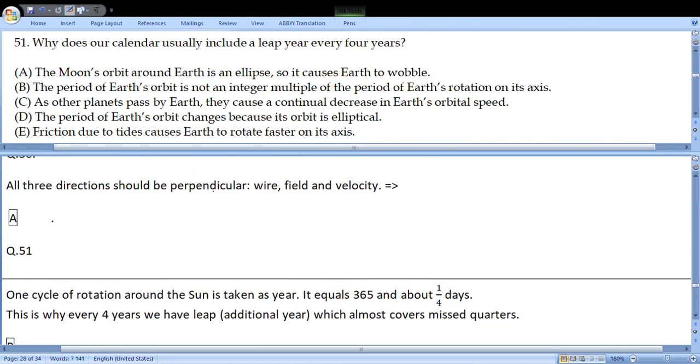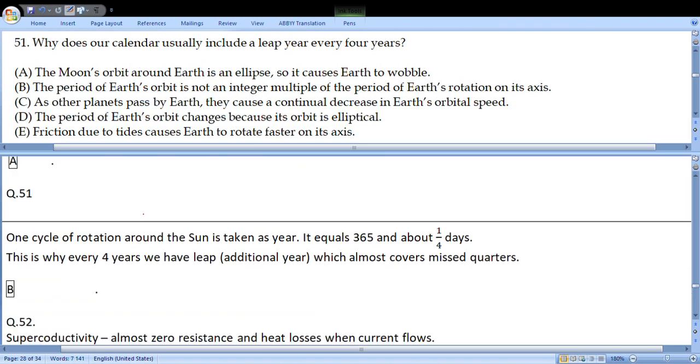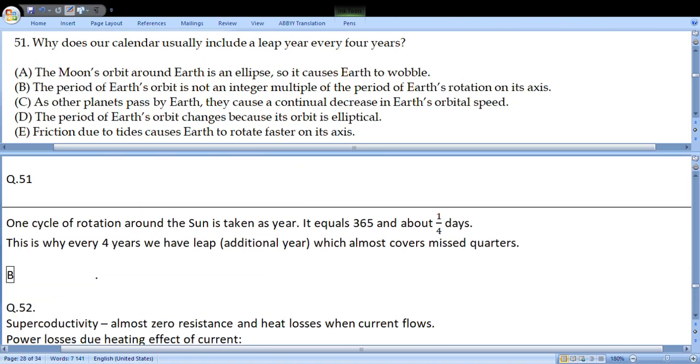Question 51. Why does our calendar usually include a leap year every 4 years? One cycle of rotation around the sun is taken as a year. It takes 365 and about a quarter days.